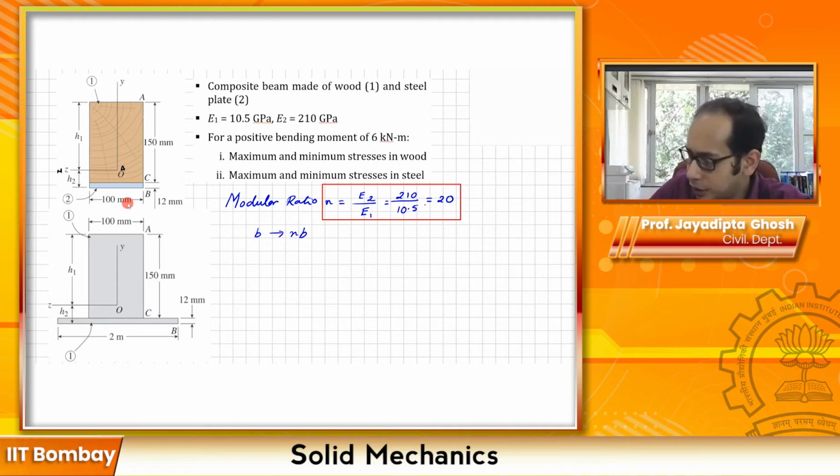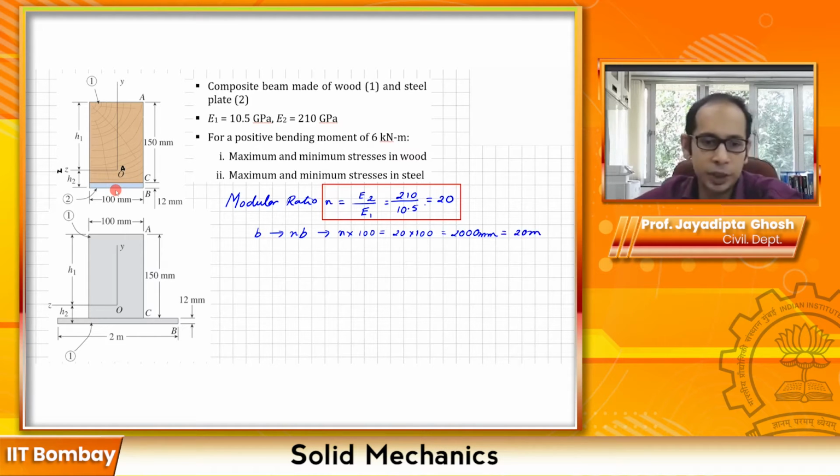So what was initially my 100 mm for the steel plate, now I've converted to material 1, and the equivalent width is going to be n times 100. So that is 20 times 100. So that is 2000 mm, or essentially 20 meters, which is this part over here.